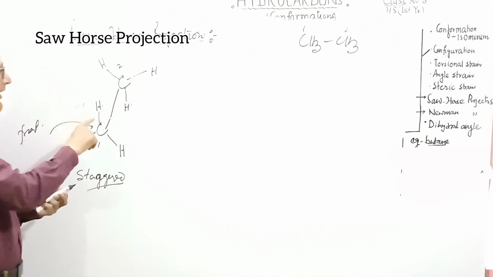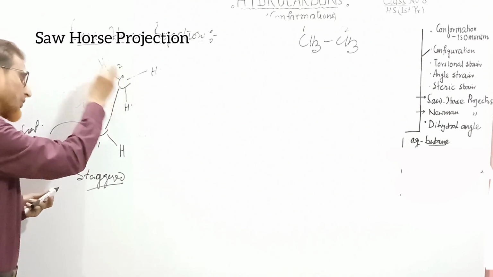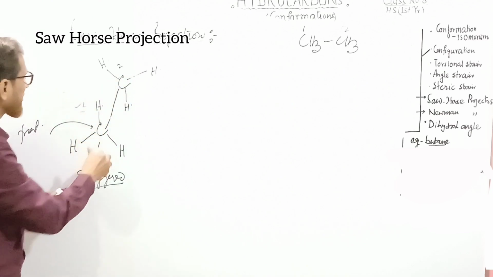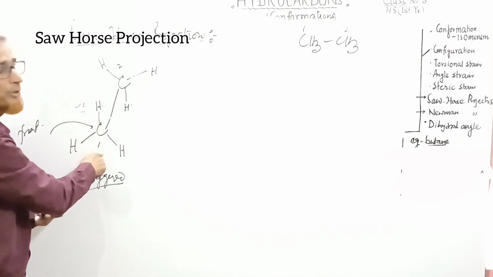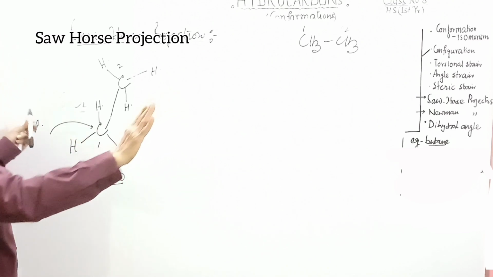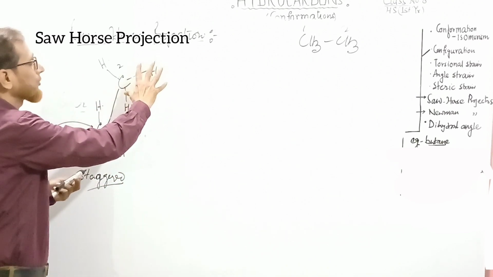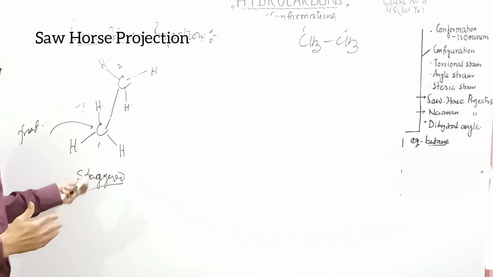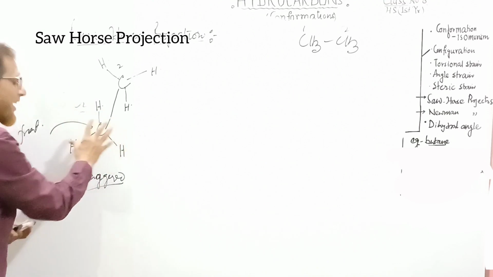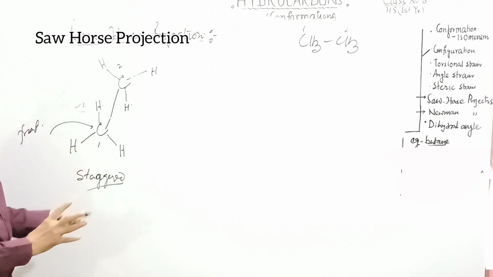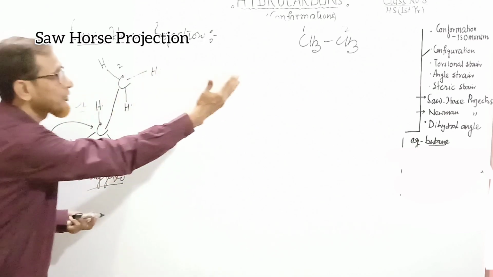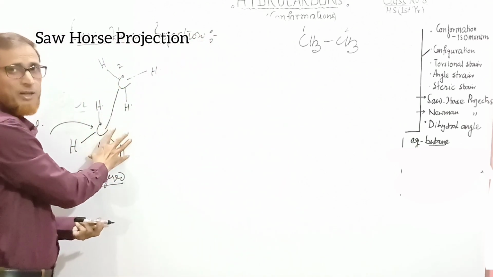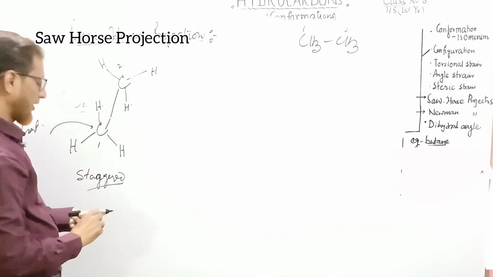When carbon 2 is placed over carbon 1, the hydrogen linked with carbon 2 is placed against the hydrogen attached with carbon 1, so they are far apart from each other. All the hydrogens of carbon 2 are far apart from all the hydrogens of C1, and that has got the name staggered. Due to the repulsion and torsional strain, this has a lesser amount of energy and it is a stable configuration.